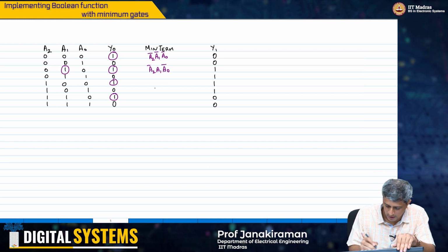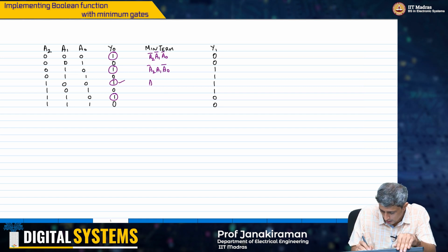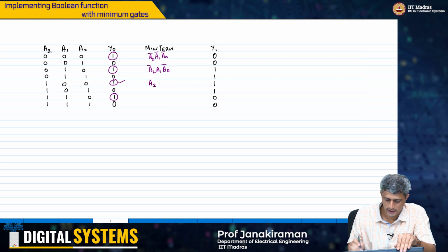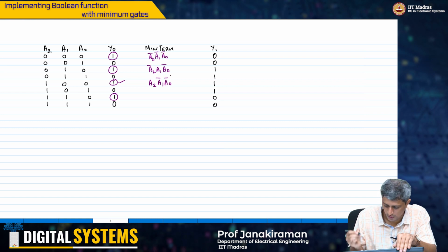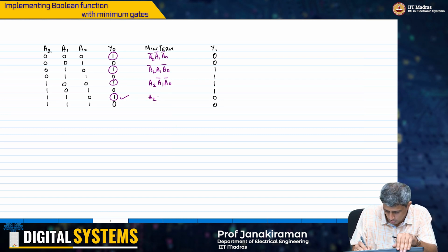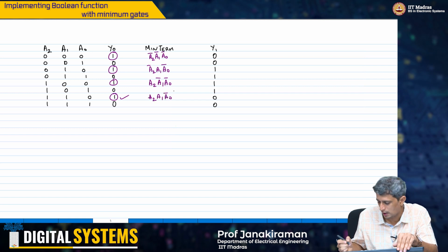Similarly, the next one has to be A2, because A2 is 1 now. Then I have A1 bar and A0 bar. Finally I am going to consider this case, which is basically A2, A1 and then A0 bar.